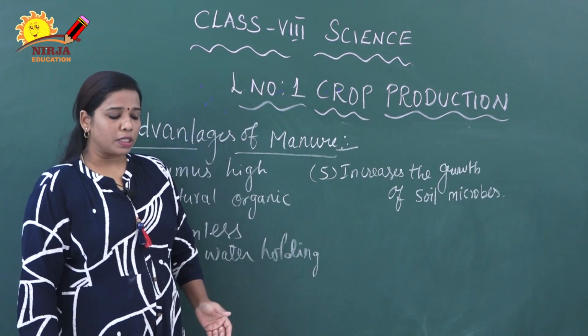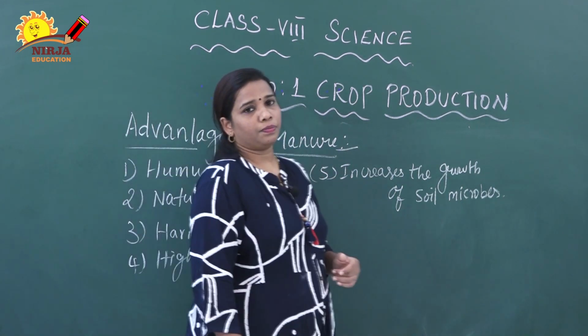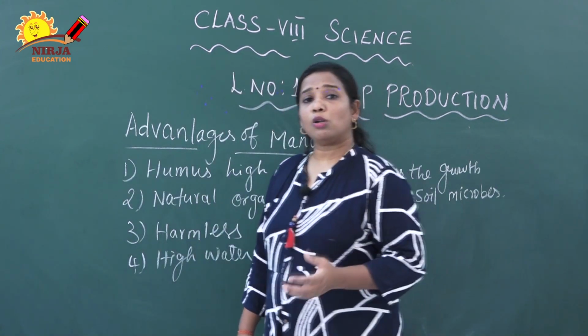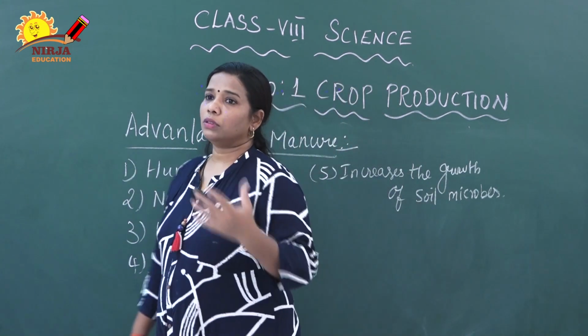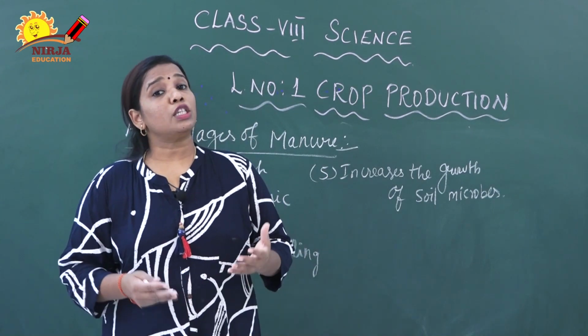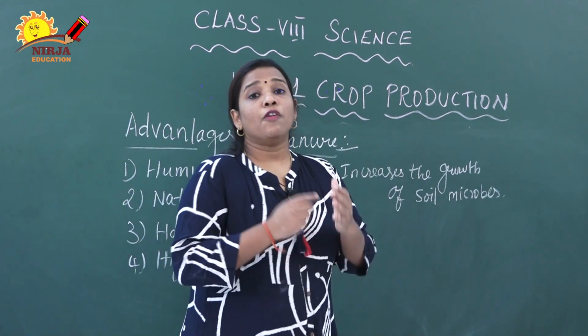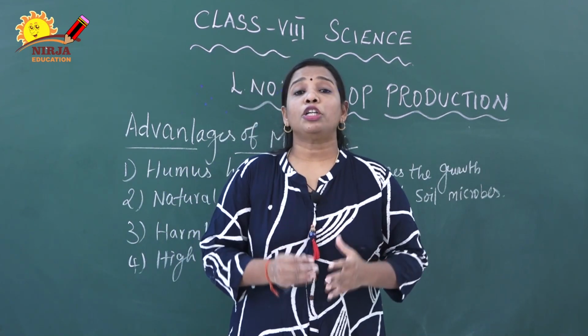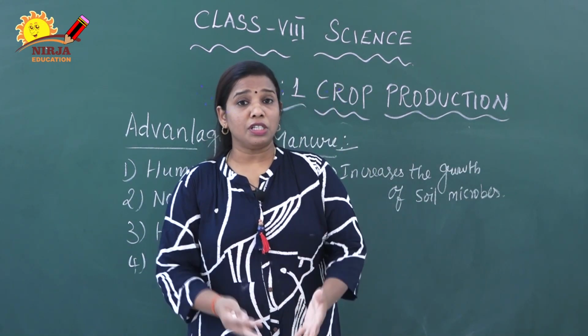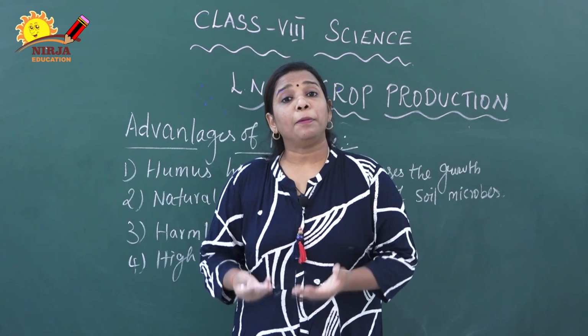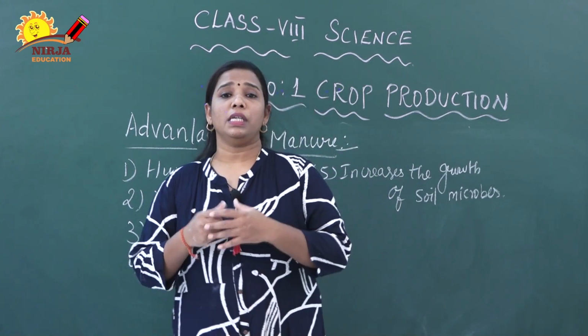Next we are going to discuss fertilizer. We can also add fertilizer to the soil to increase the growth of the plant. But what does fertilizer mean? Fertilizer is an artificial substance which is prepared by human beings.